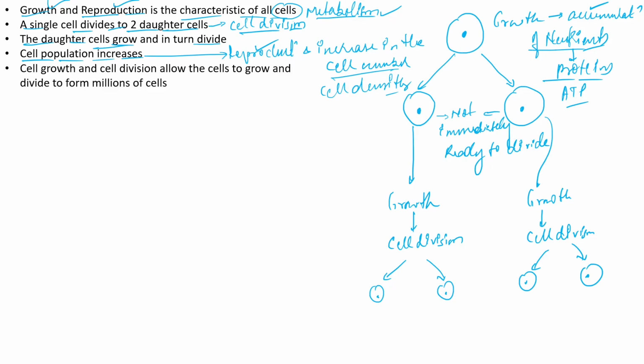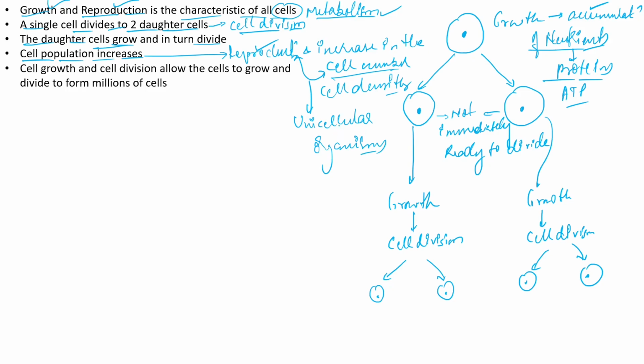However, these two terms make sense only in the case of unicellular organisms. Only in unicellular organisms can you say that reproduction and increase in the cell number, or cell population, both mean the same.